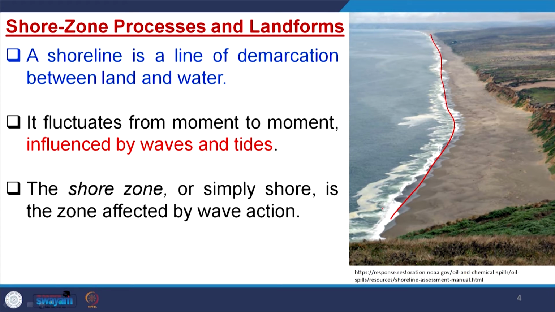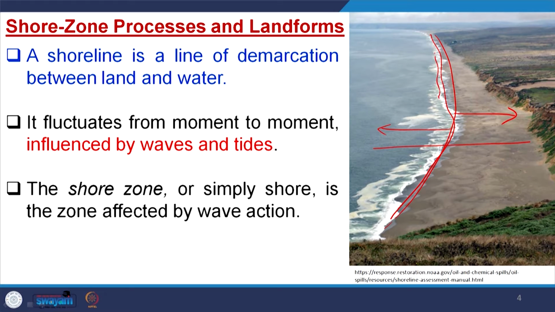During high tide the shoreline moves this way, and during low tide it moves this way. That is why it is called shore zone rather than only shore. The shore zone is a zone bounded by the high tide and low tide marks, and it is continuously affected by wave action.